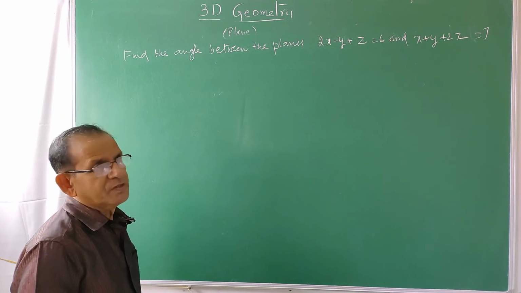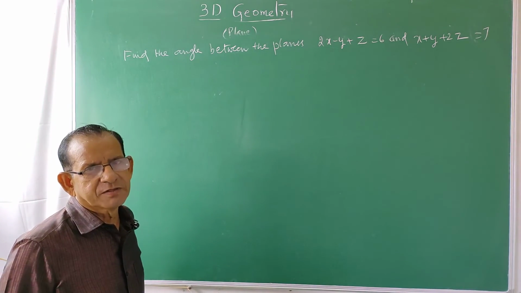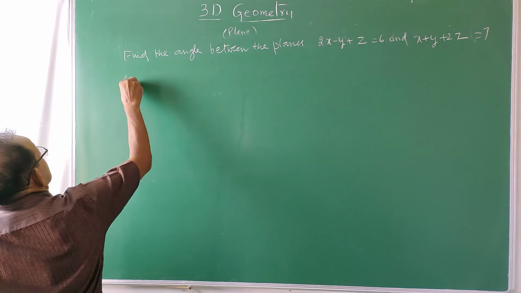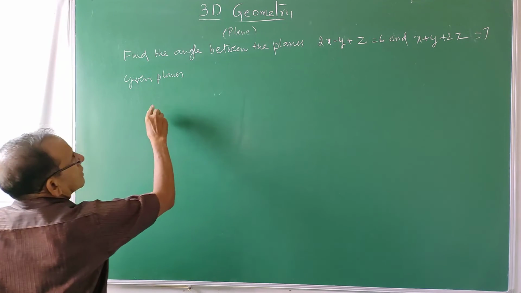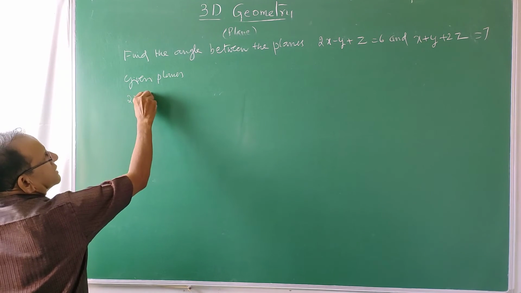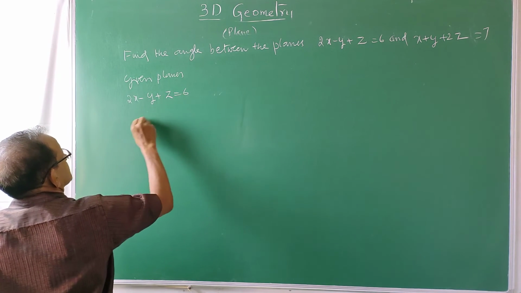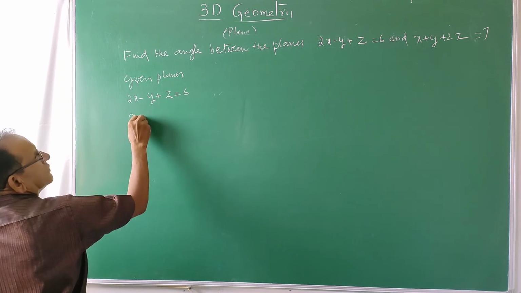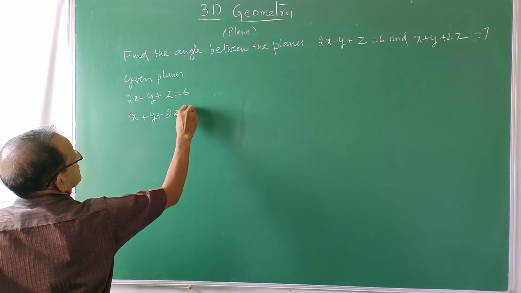Here, two planes are given. We have to find the angle between the two planes. First of all, let us take the given planes: 2x - y + z = 6 and x + y + 2z = 7.